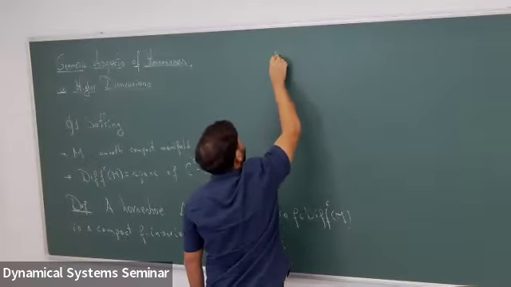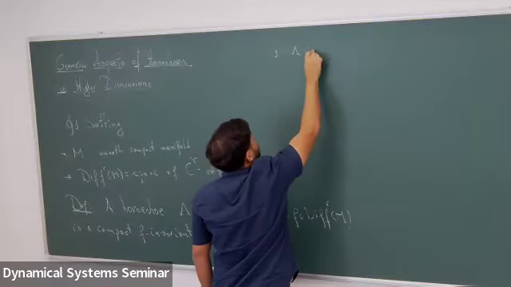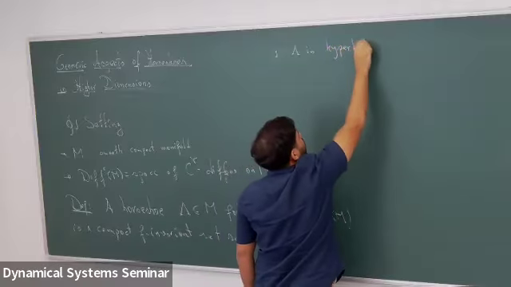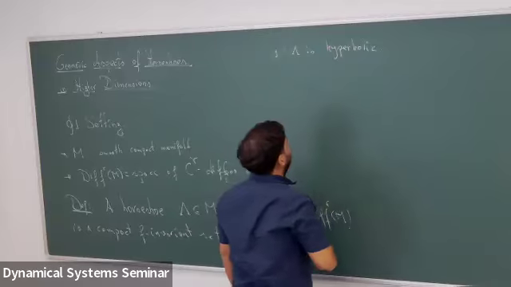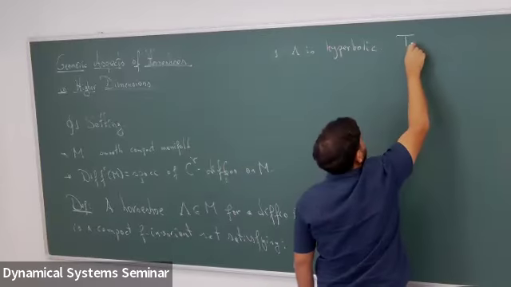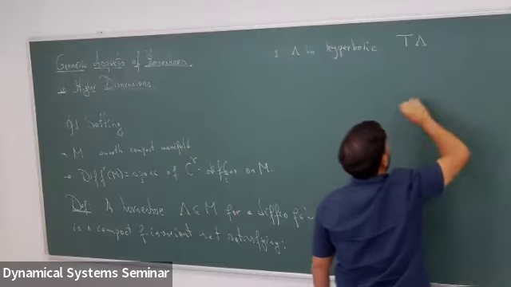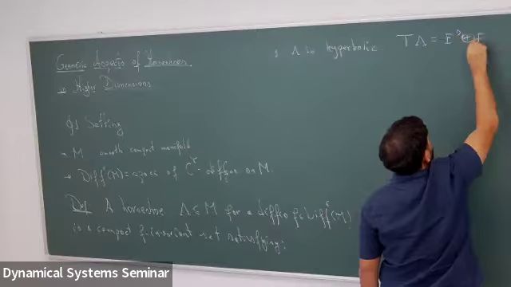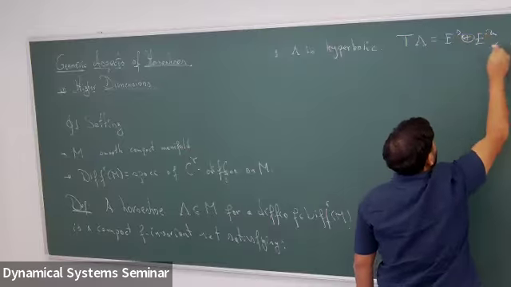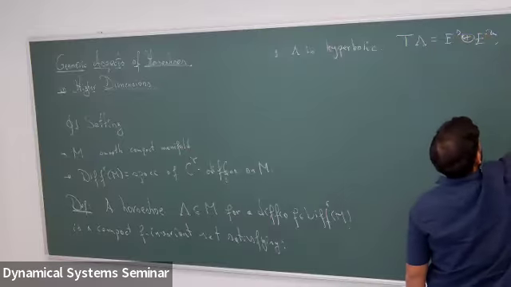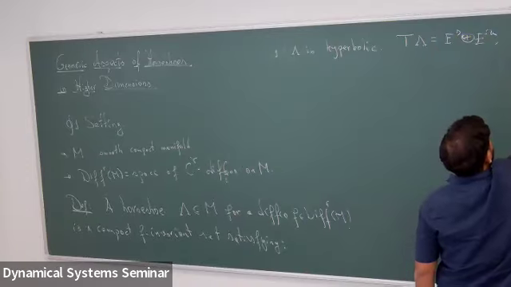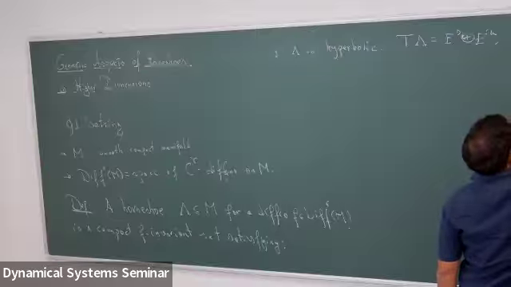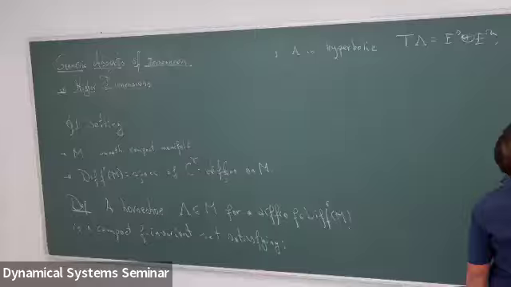The first one is that lambda is hyperbolic. By that I mean, in simpler terms, that the tangent bundle over lambda can be split into continuous invariant subbundles, with fixed dimension.